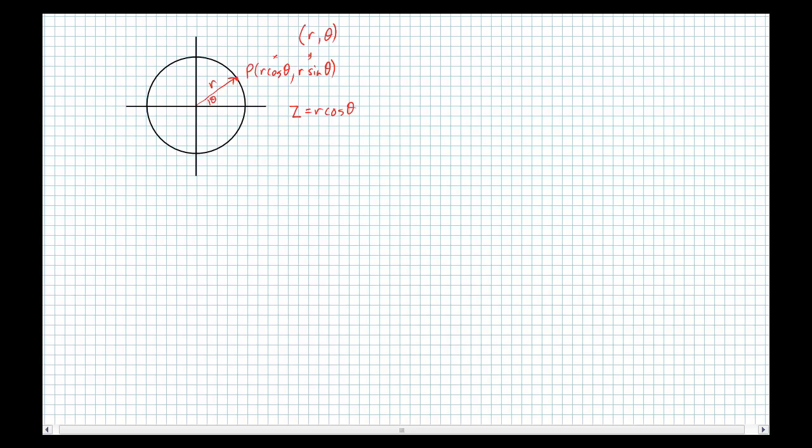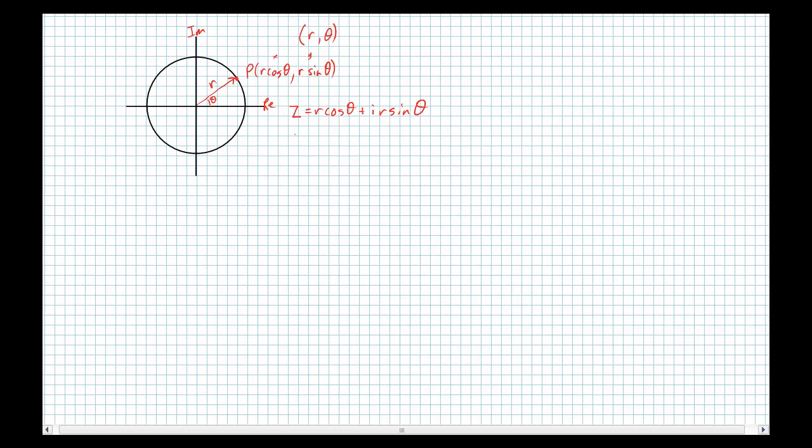So if we know its location in polar coordinates, we can do r cosine theta plus i r sine theta. Because now we're looking at the x as being the real, and the y as being the imaginary. And so the cosine theta is positive, and then we're going to add on the imaginary piece right there.